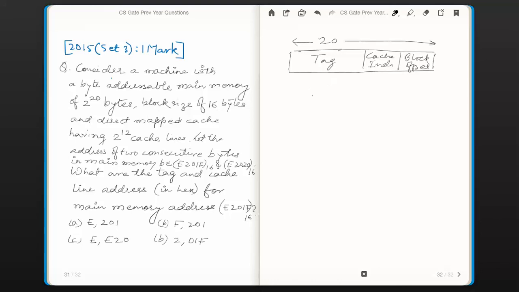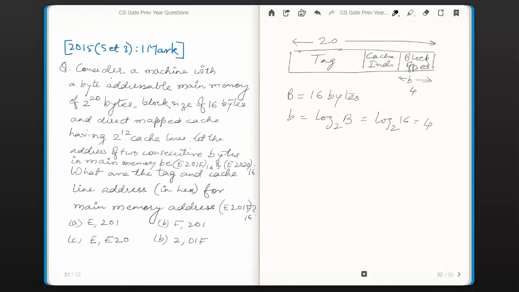So the block offset field, if we represent it by small b, would be log base 2 of block size, that is log base 2 of 16, that is 4. So block offset is 4 bits wide.